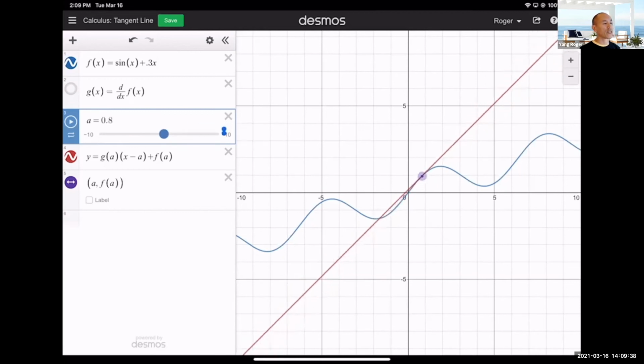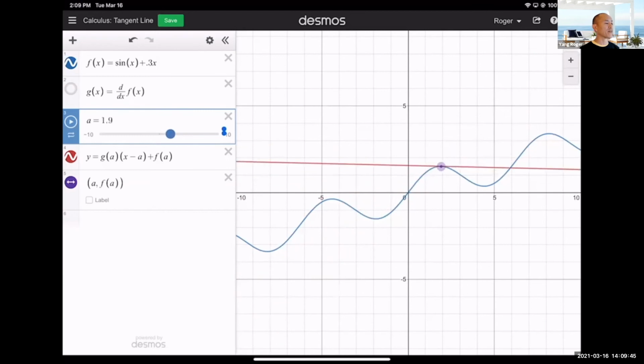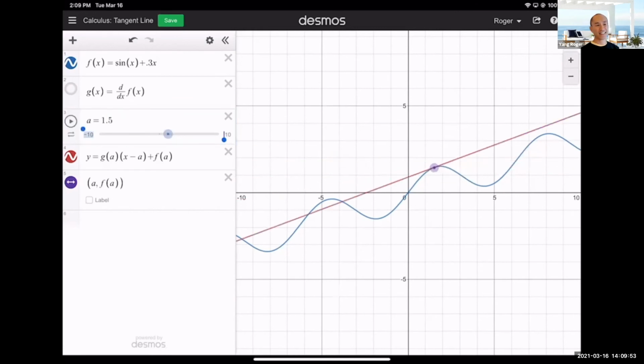So when you look over here, if I go to the very top of the hill, what does it look like the slope of the tangent line is at the top of the hill? I can't do it. Can you use your imagination? What do you think the slope of the tangent line is at the top of the hill there? 0. Yeah, that's right, Samantha.